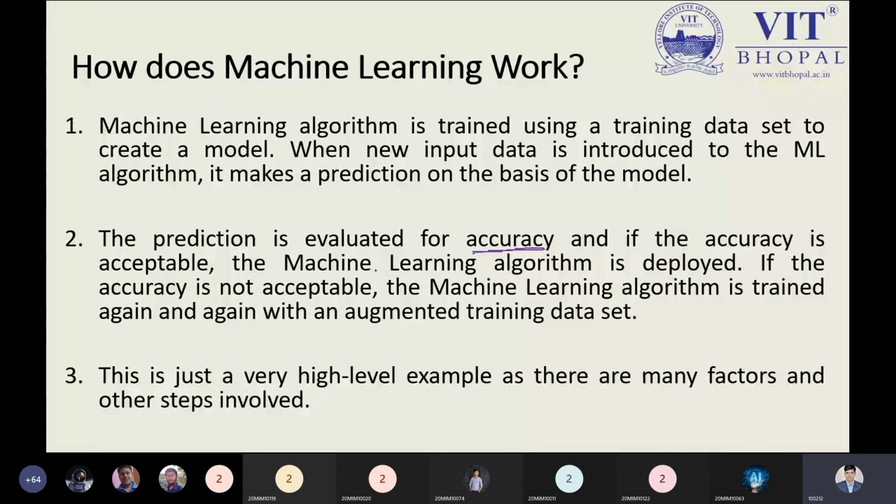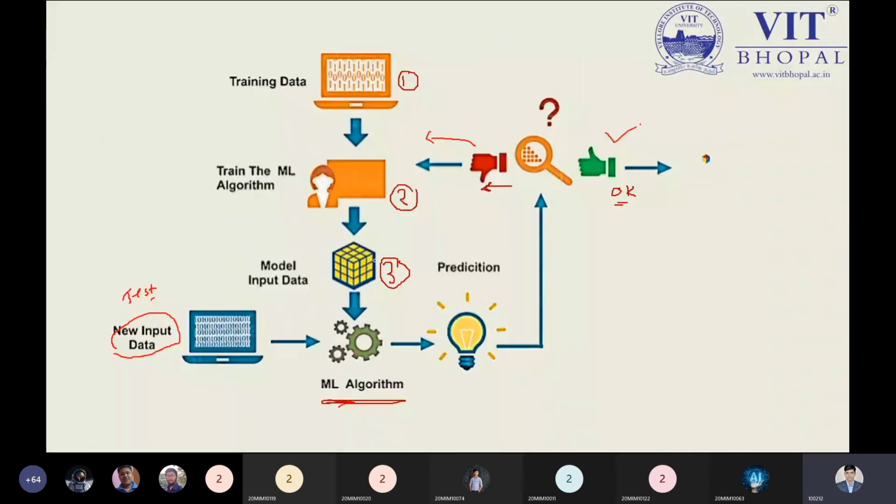So how does machine learning work? These are the steps, and here is the diagram again. This is our first step, training data. With the help of machine learning, we build our model by using the training data.